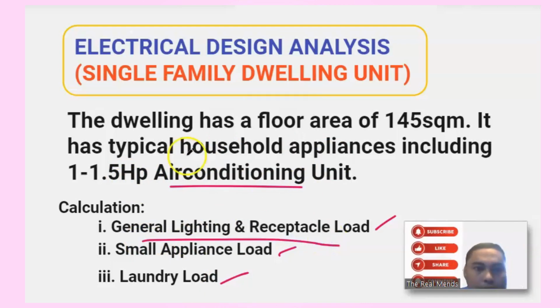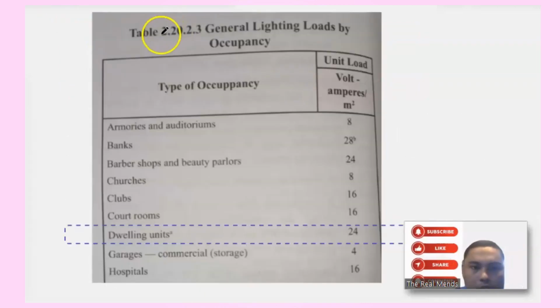So based from the PEC, that is from the table 2.20.2.3, the general lighting loads by occupancy. So type of occupancy, unit load, volt amperes per meter square. So yung ating given is actually residential siya, belongs siya sa dwelling unit. And then if this is yung application, so the unit load is 24 VA per square meter.